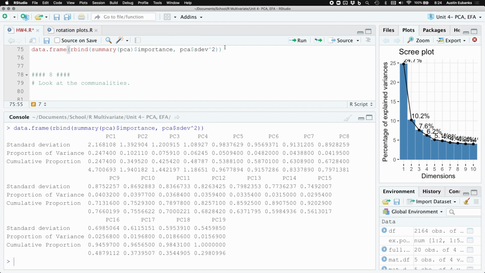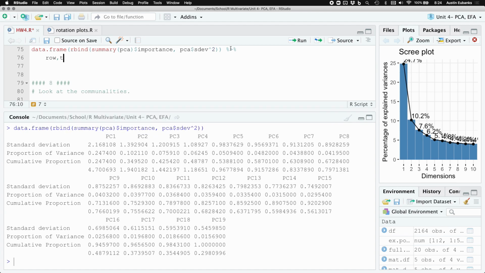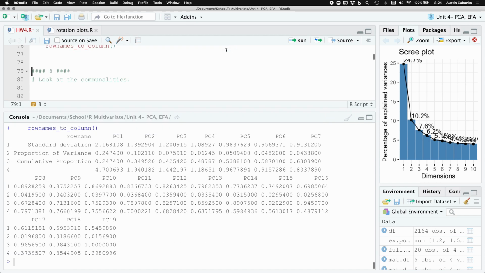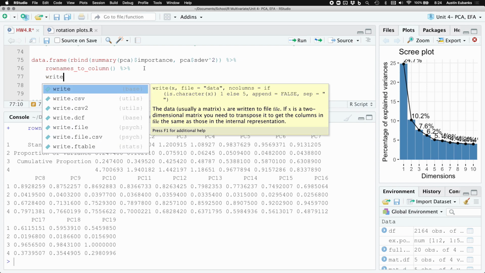So if you just write this as is to a CSV, your columns are just going to be PC1, PC2, PC3, and it won't have any of those labels. But if you add the row names to column, there we go, now that row name will actually be a column in the data set, and you'll still have a blank for eigenvalue, but at least the other things are labeled. Then you could just pipe that straight into write_csv.